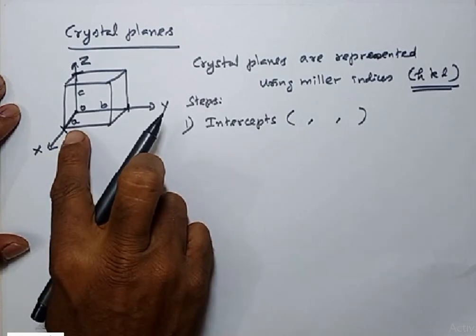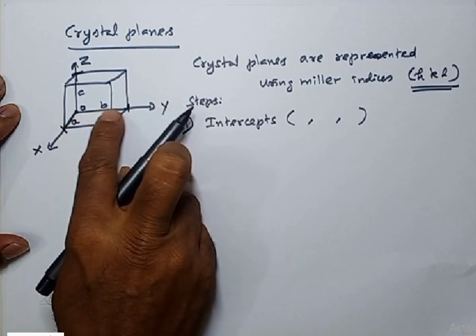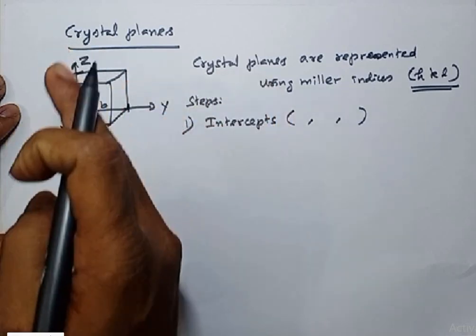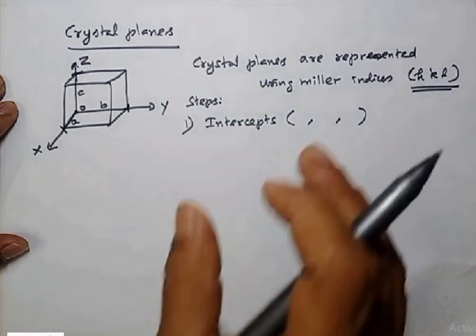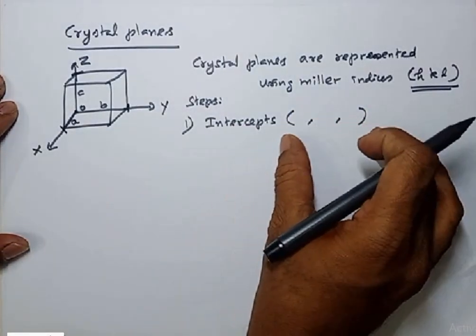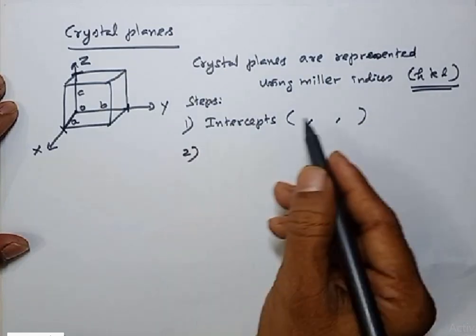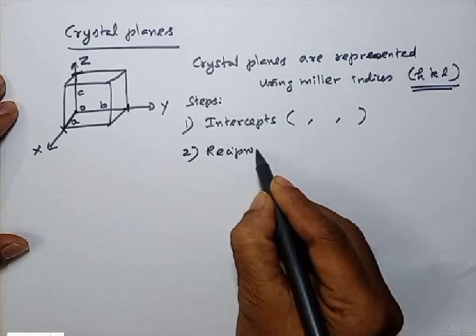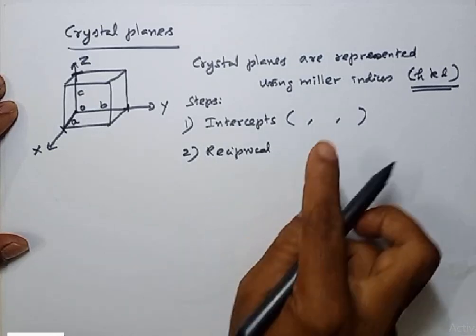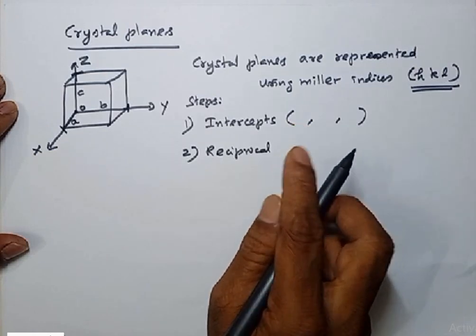It is given in terms of A for the x-intercept, in terms of B for the y-intercept, and in terms of C for the z-intercept. Then after finding the intercepts, take the reciprocal of the coefficients of those intercepts.